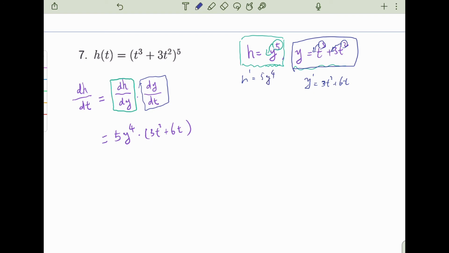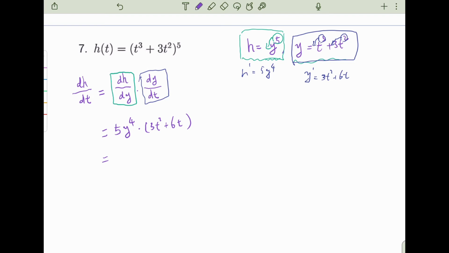Just multiply them together. But after, we have to substitute the y back into this expression so that everything is written in terms of t. Because the variable y is the one that we introduced, acting as a bridge. We don't actually need it in our final answer.